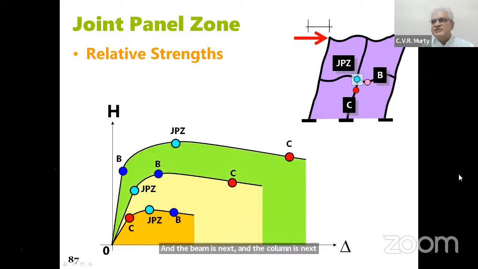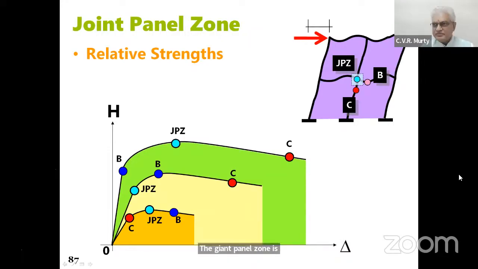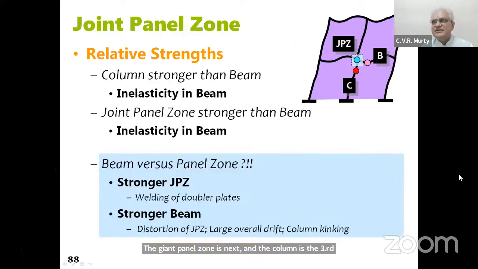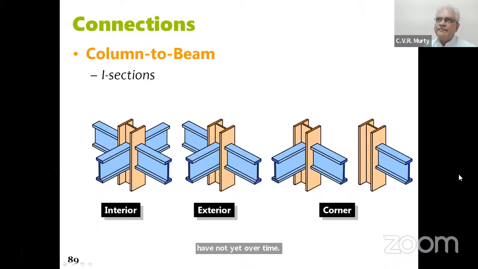But the more desirable one is where the beam forms the plastic hinge, the joint panel zone is next, and the column is the third here. So in that sequence, you'll need to say that inelasticity in the beam is permitted, inelasticity in the joint panel zone is not permitted. So we need to develop a hierarchy, and codes have not yet clarified this adequately. We're praying that over time, this will get sorted out.